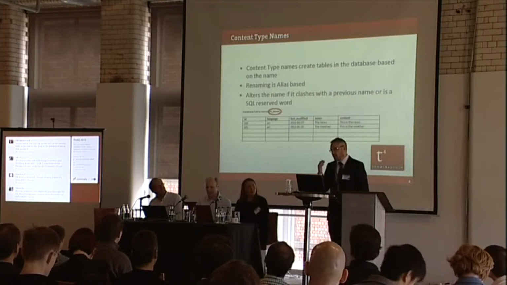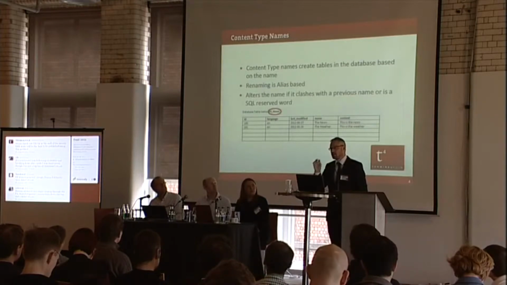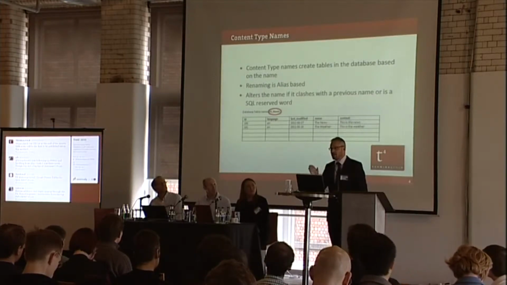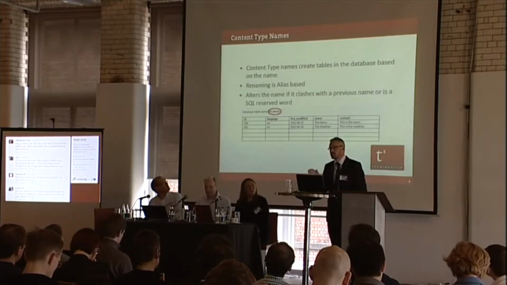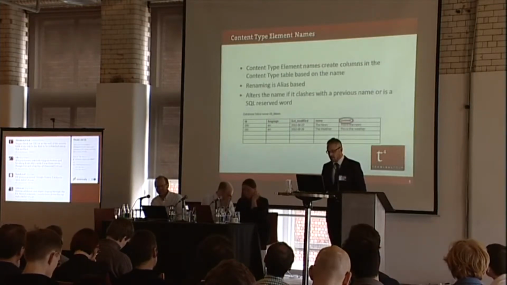And even if you create a content type that has a similar name to something else, it'll be renamed in the background, so there'll be no clashing of names. And if it's a SQL reserved word, it'll just be changed in the background and you'll be able to use that word as the name of your content type.